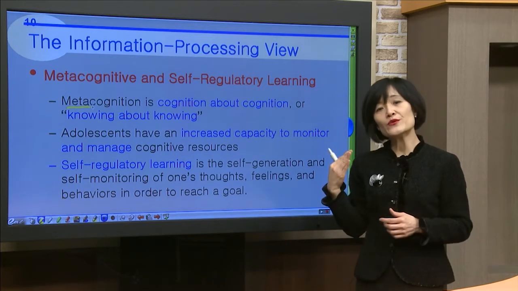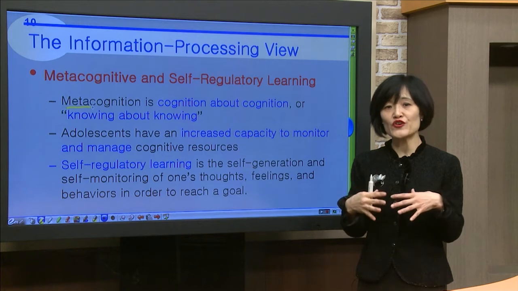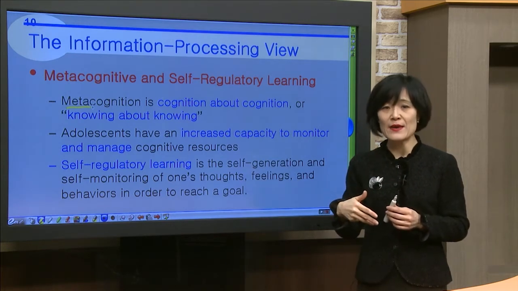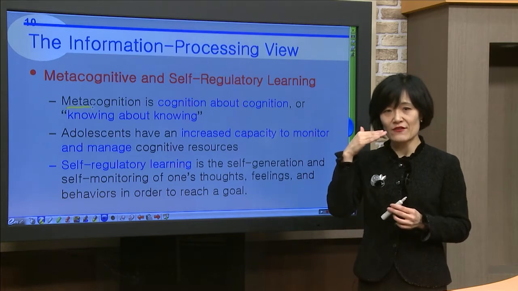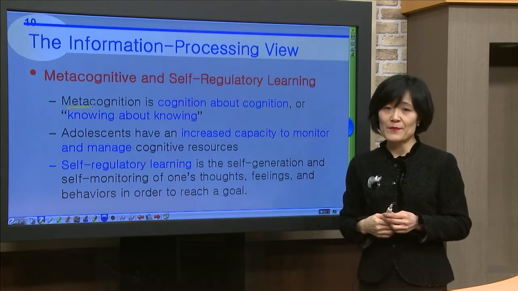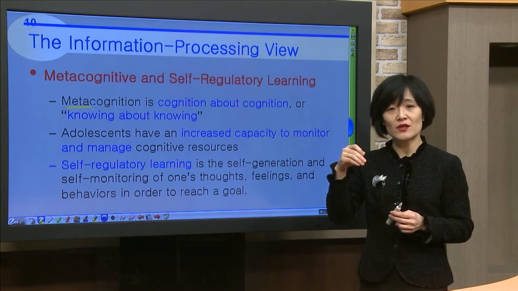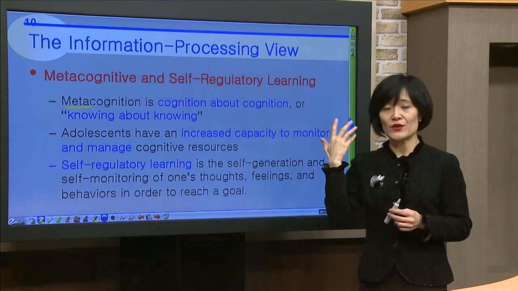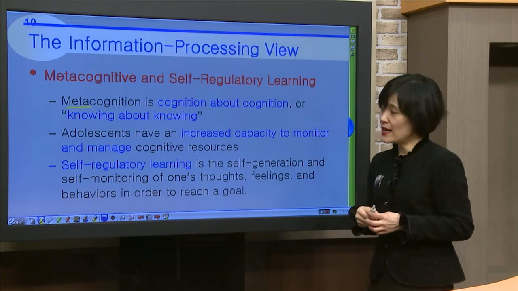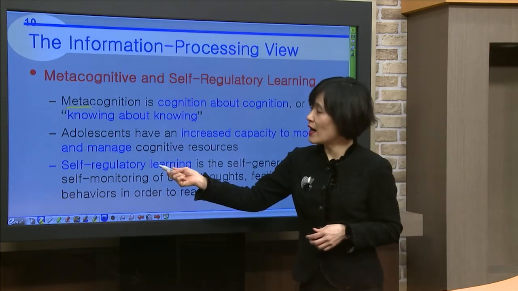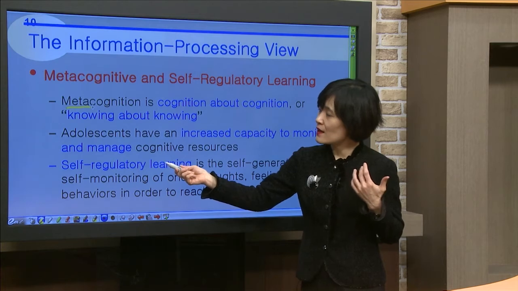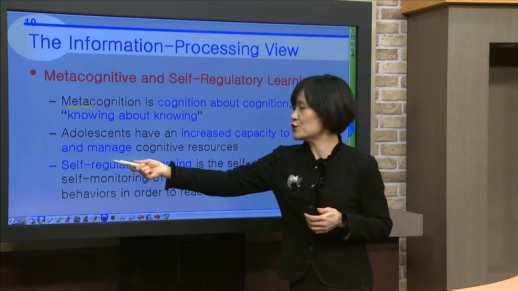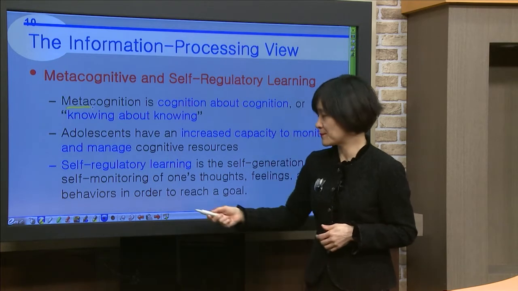Probably you remember that in junior high you learned how to make a plan ahead of time, have a weekly plan, and check your speed and how much you cover in your learning. To do that, you are expected to have certain capabilities for self-regulatory learning.